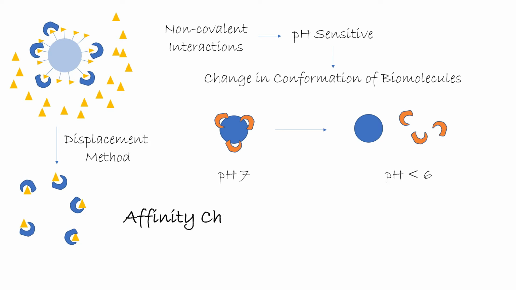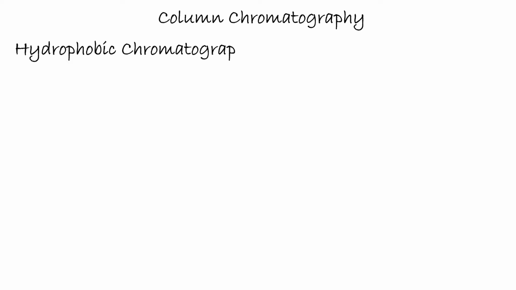So this is affinity chromatography, and when we compare it with other techniques, we can say that it is a very specific technique, as we can only separate one target molecule at a time. Another type of chromatographic technique which we will discuss is hydrophobic chromatography, often referred to as reverse phase chromatography.